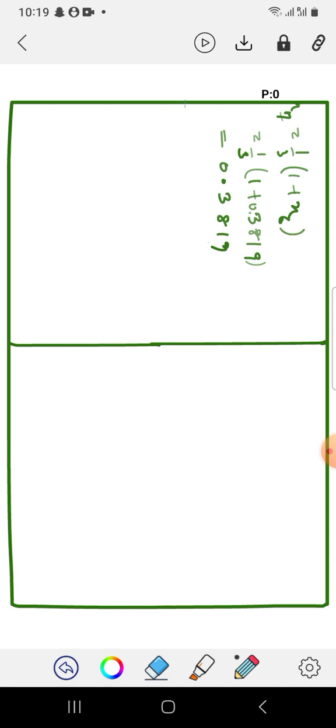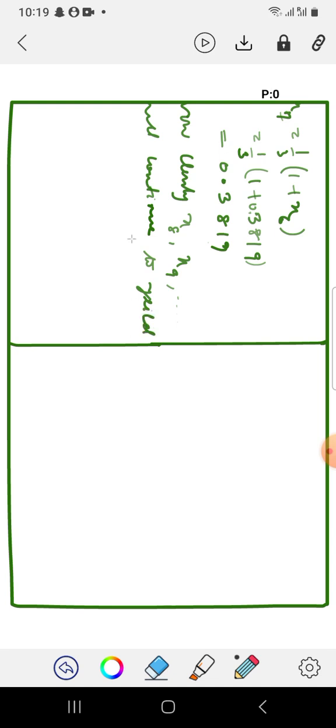All right, now clearly x8, x9, and so on will continue to yield 0.3819, which we gladly call convergence.